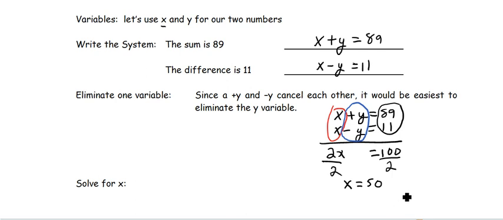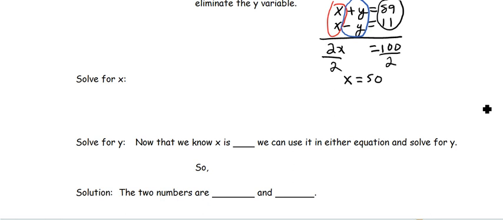All right. So we can plug this back into something up here. Now that we know that x is 50, we can use it to solve for y. The way we would do that is 50 plus y equals 89, and I got that from our first equation.